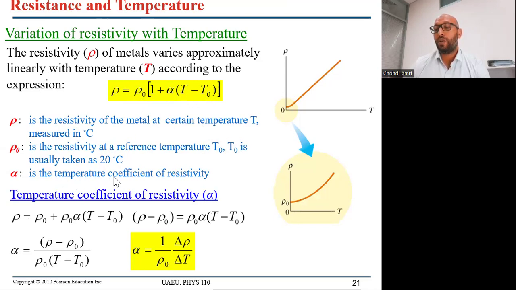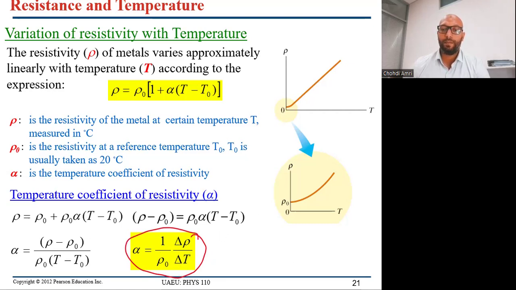Alpha is the temperature coefficient of resistivity. T is a certain temperature. T naught is the reference temperature. The temperature coefficient of resistivity alpha can be gotten from this equation, so alpha is 1 over rho naught multiplied by delta rho, that means rho minus rho naught, over delta T, that means T minus T naught. And we are done.